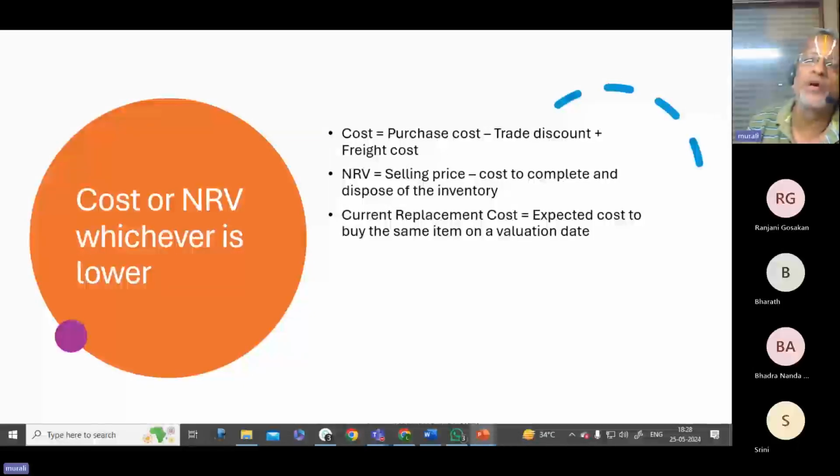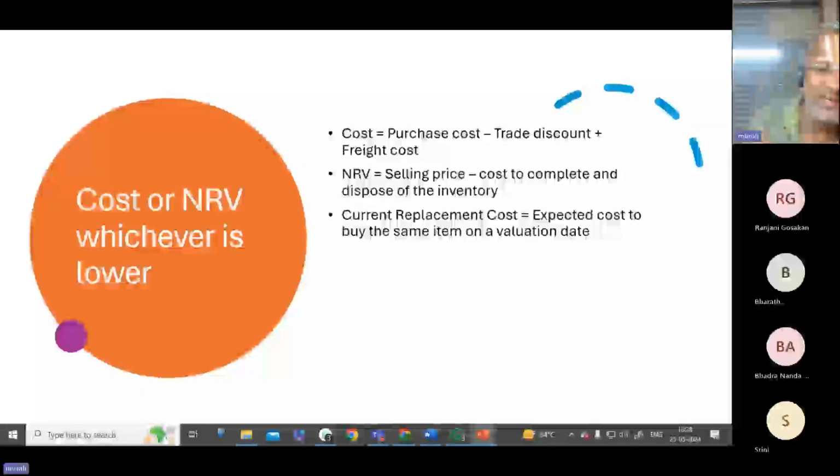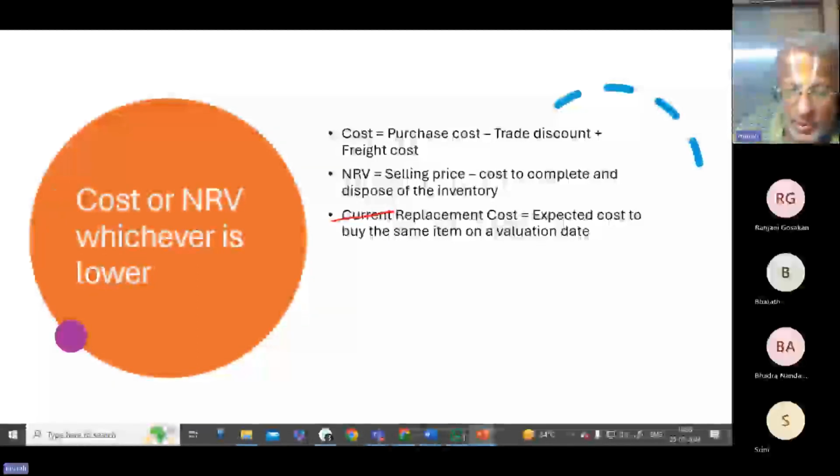Current replacement cost, or replacement cost, is the expected cost to buy the same item on a valuation date. If the same item which we have bought at a higher price were to be bought on the balance sheet date, that is going to be the current replacement cost, or simply you can call it replacement cost. I am using the term current replacement cost, but US GAAP is communicating that as replacement cost only.